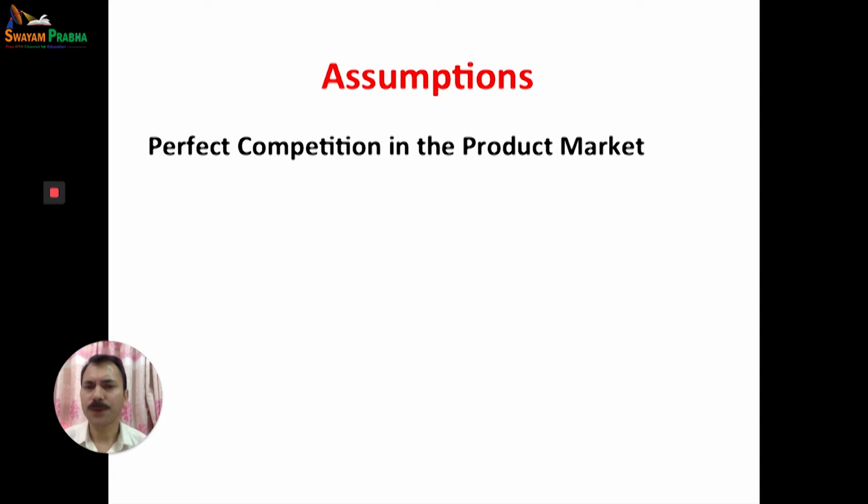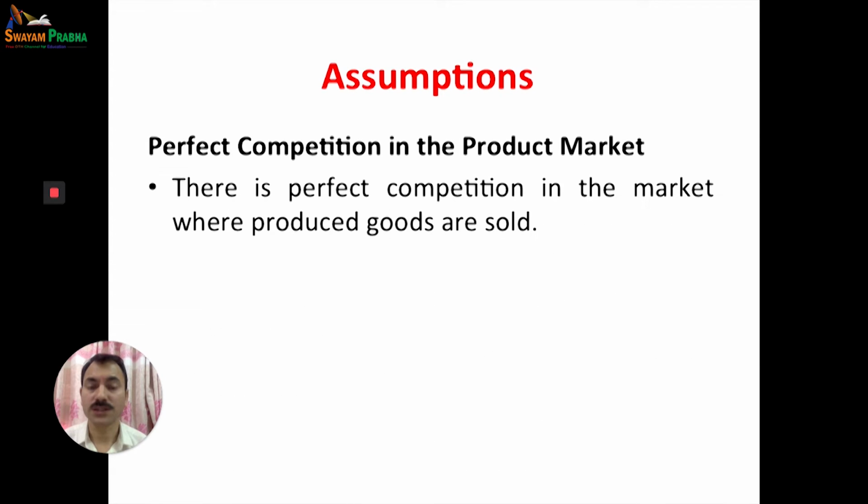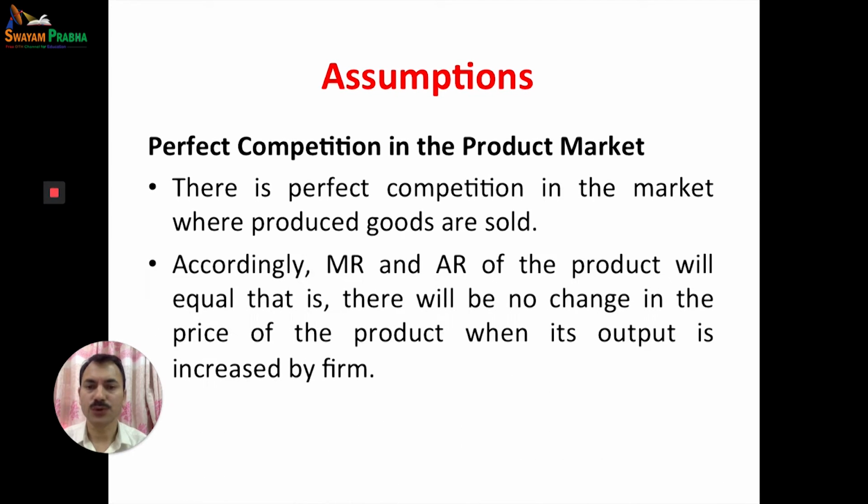Second, perfect competition in the product market. We have to assume that there is perfect competition in the market. Perfect competition means a market where there is a large number of firms producing a homogeneous product. As we have already discussed in market structure, MR, marginal revenue, and AR of the product will be equal.